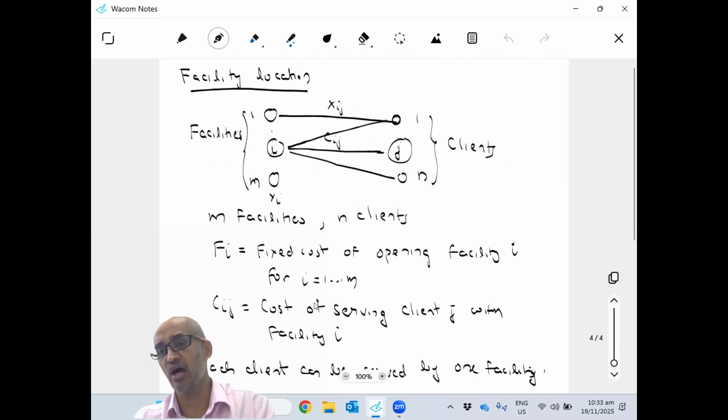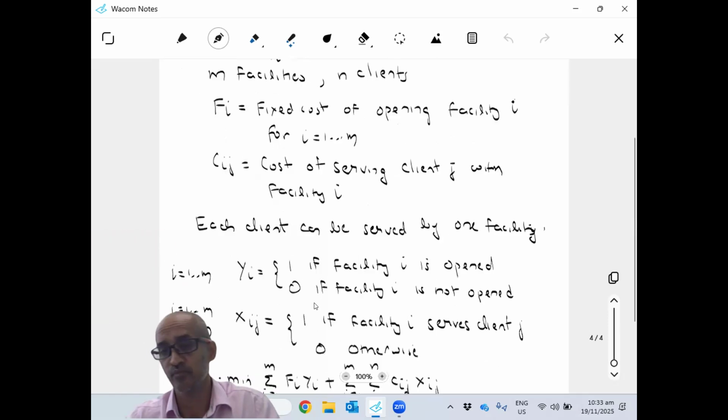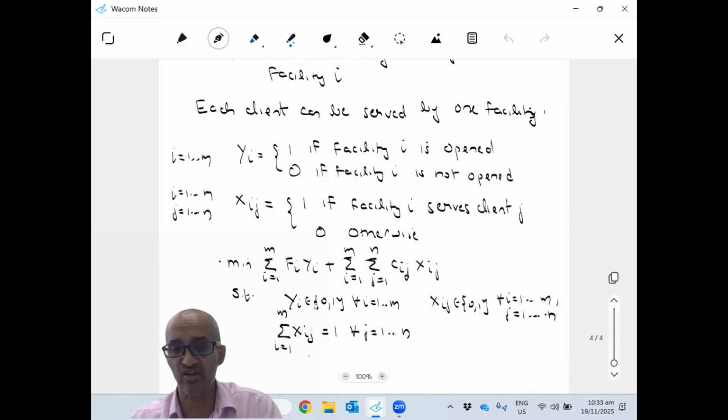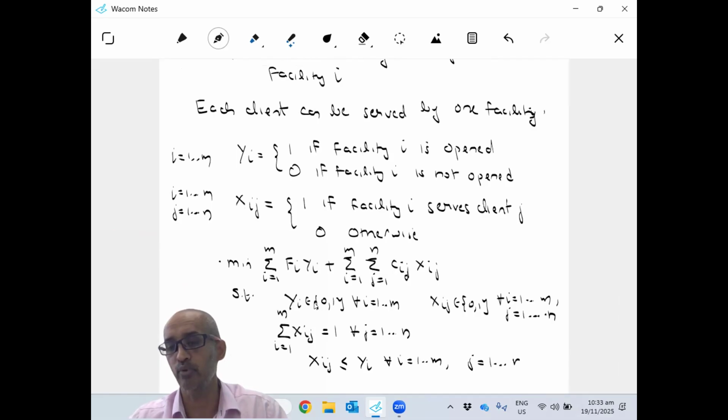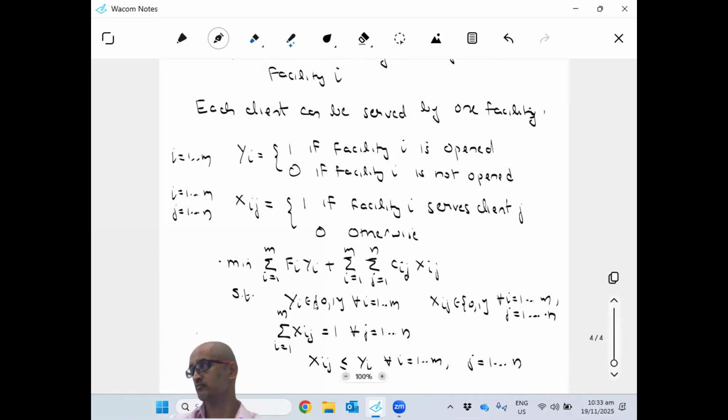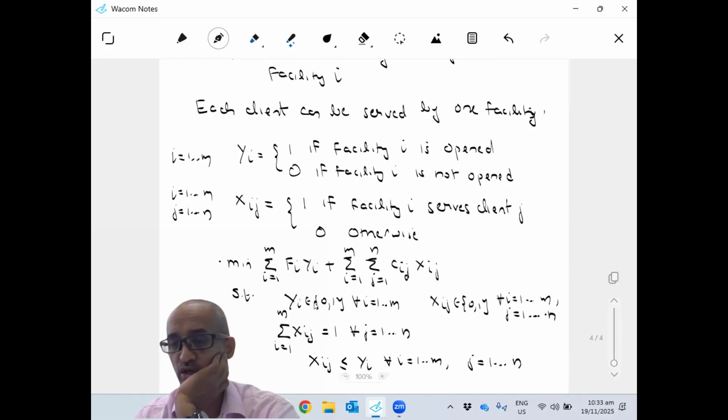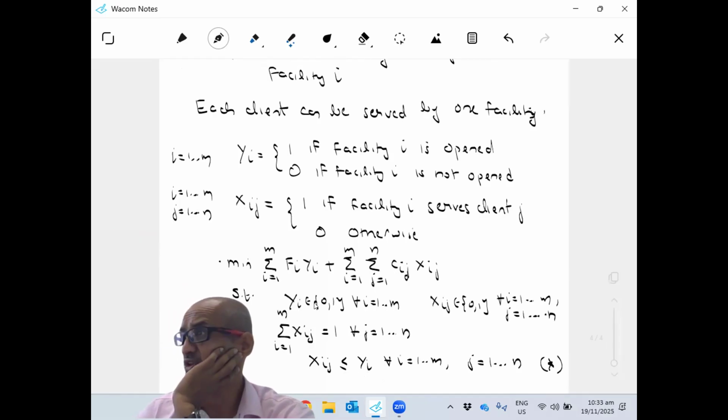You cannot serve a client with a facility if the facility is not opened. You have to pay the fixed cost. So what is that constraint? It exactly says xij is less than or equal to yi for every i from 1 up to m and j from 1 up to n. This constraint is what links up the x and the y variables.